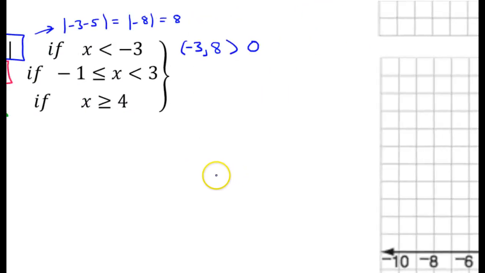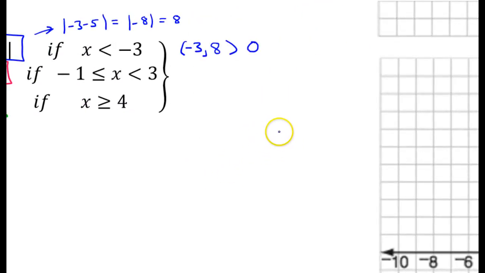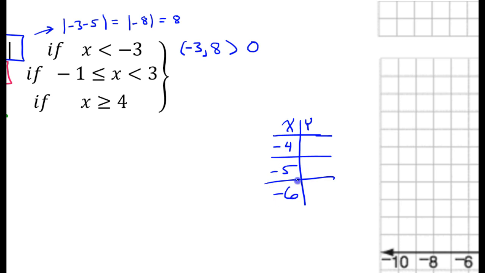So I'm going to do a chart. But I want the x values to be less than -3. So that means, for example, -4, -5, -6.